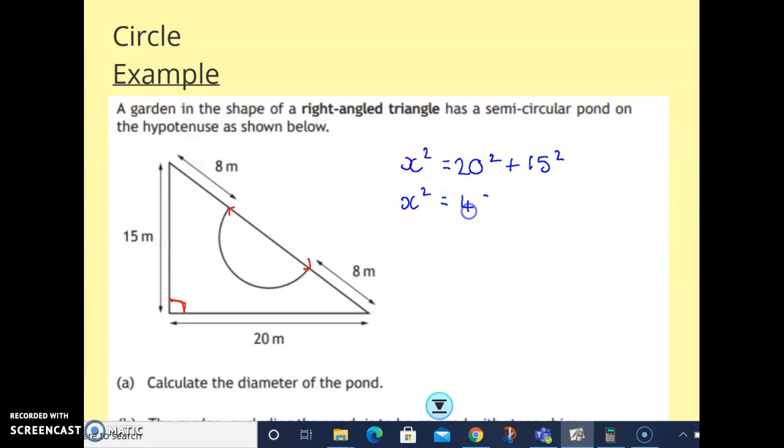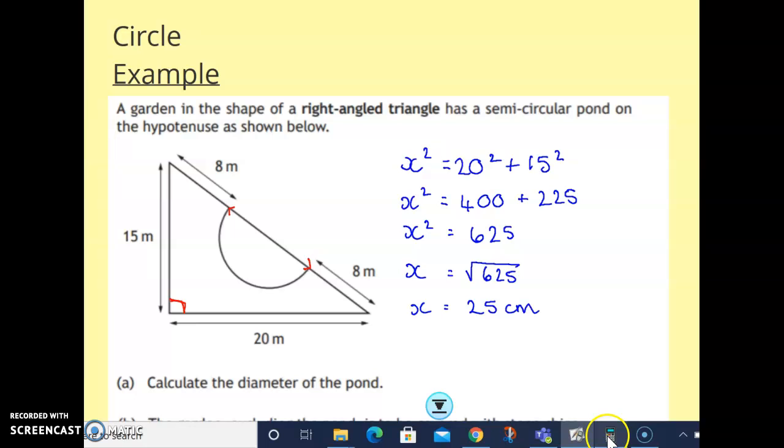20 squared is 400. 15 squared is 225. Add them together, we get 625. That gives us x squared. We don't want x squared, we want the square root. The square root of 625 is 25 centimetres.